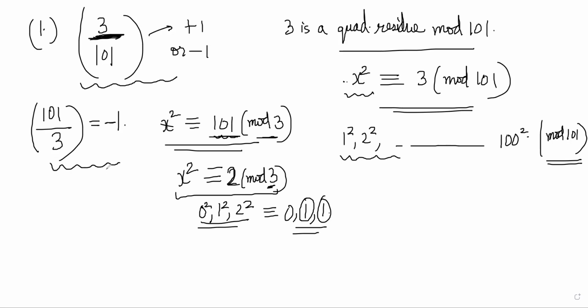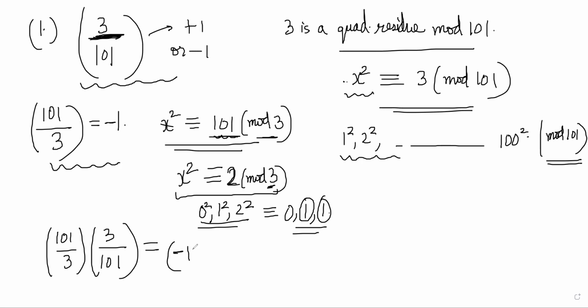And now we apply the law of reciprocity. We say 101 over 3 and 3 over 101, right? Technically we can write -1 to the power (3 minus 1) by 2 times (101 minus 1) by 2, right?